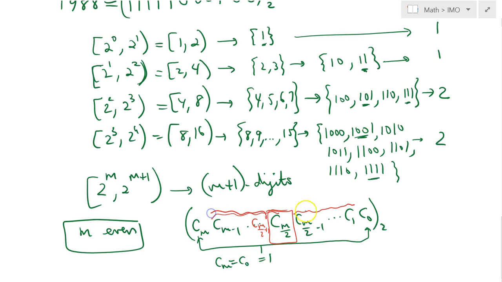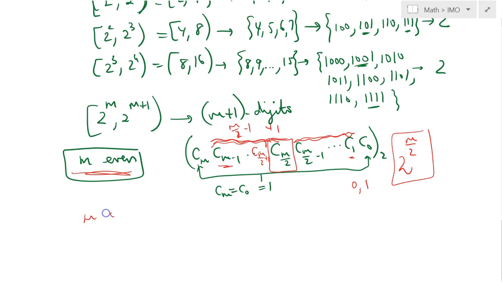So these terms have to be the same as this. What I mean is c sub m minus 1 is the same as c sub 1, and so on. So therefore we have in total m over 2 minus 1 choices here, and then one more choice here. So in total we have m over 2 choices. When I say choices, a choice between 0 and 1, because we are considering binary, so there are 2 to the m over 2 palindromes when m is even.